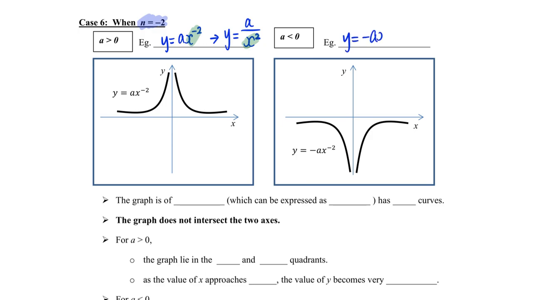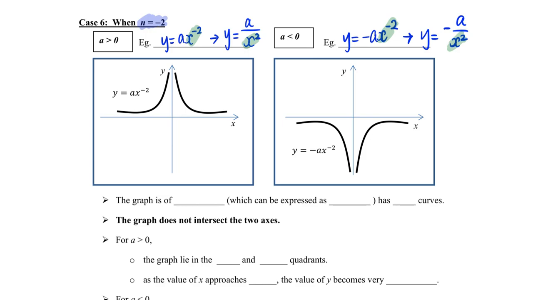The same goes for -a, so -a over x power 2. Same thing. If I write the variable x as a denominator from a numerator, then the power changes from positive to negative or negative to positive.